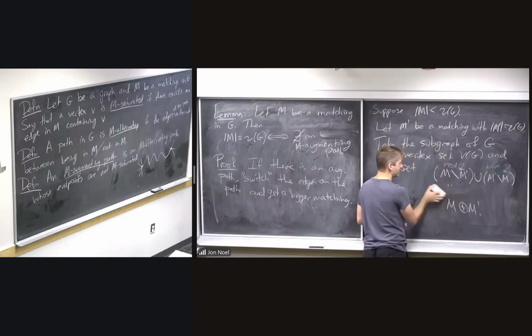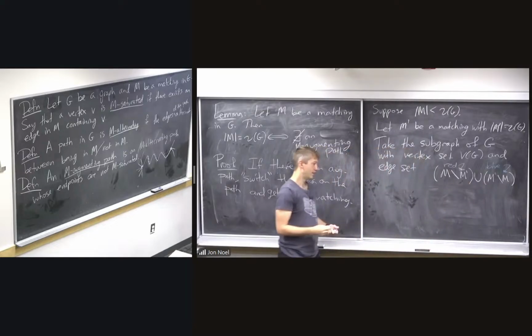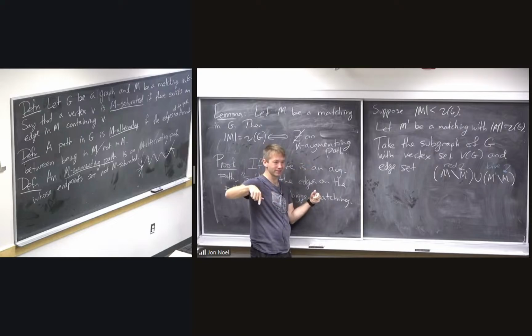That actually makes the graph fairly simple. If you have a graph where every vertex has degree 0, 1, or 2, the graph is just a bunch of cycles and paths.